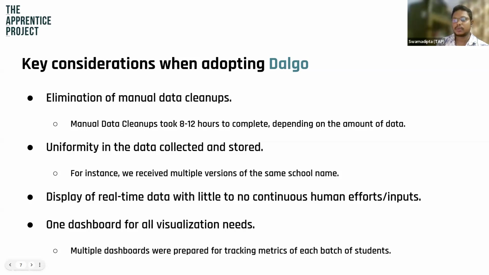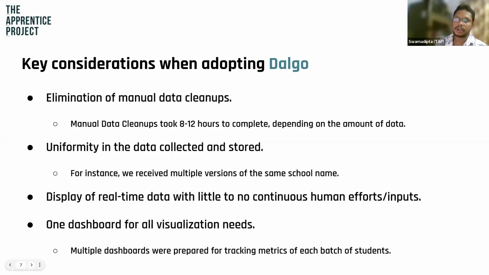Another thing is that we wanted to have one dashboard for our regular purpose. We had regular activity dashboards for different batches. We used to have multiple batches; we used to onboard students in different tranches. Each tranche had a different dashboard, which was becoming difficult to handle. With the help of Dalgo, we attempted to eliminate this use of multiple dashboards.